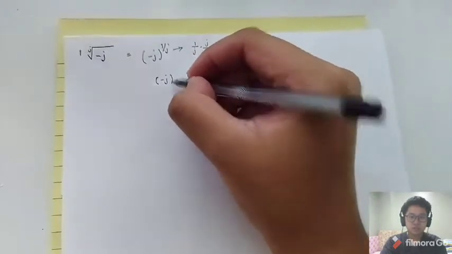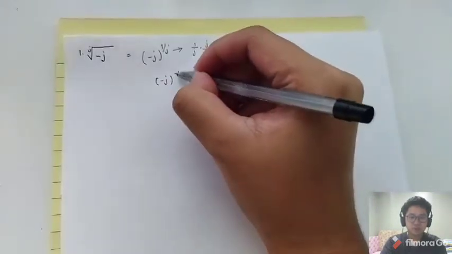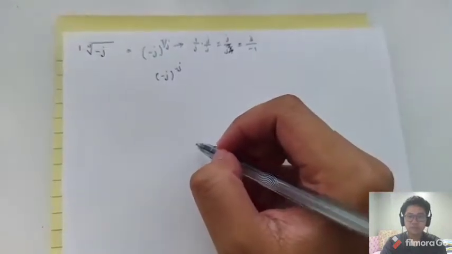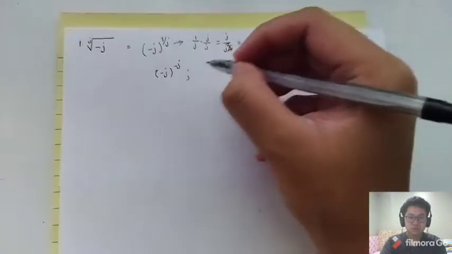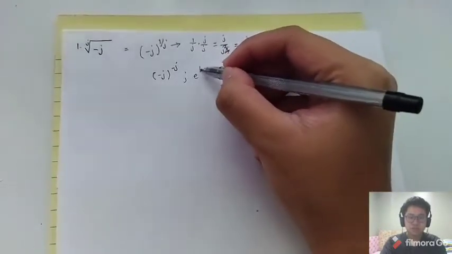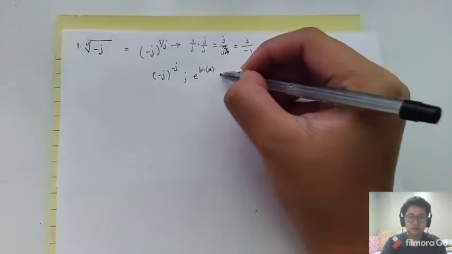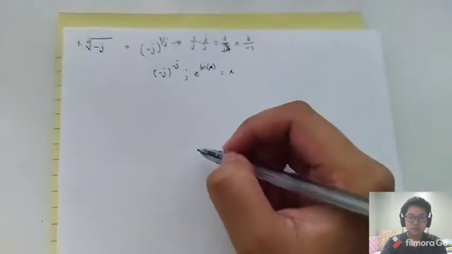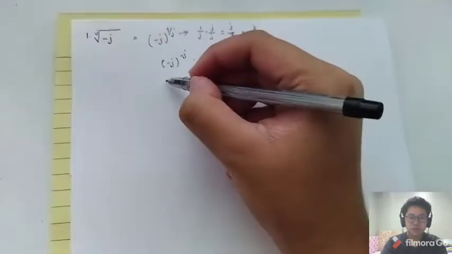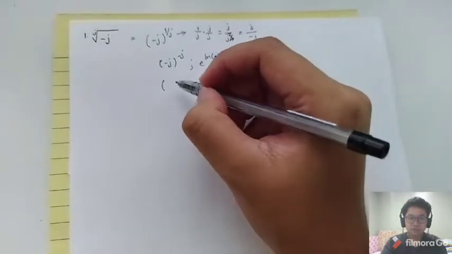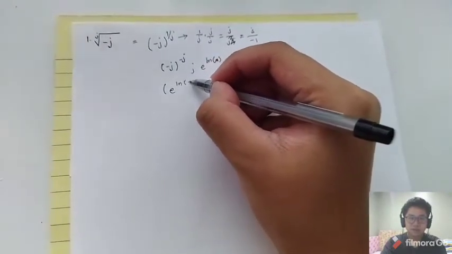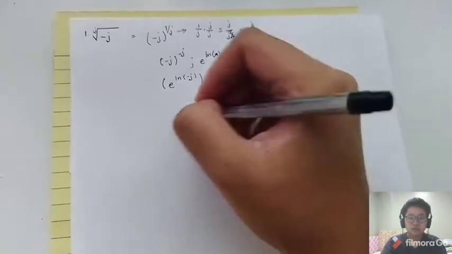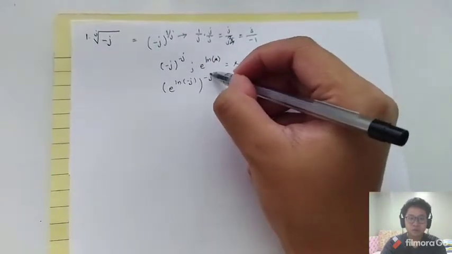So it is much easier to solve with negative j raised to negative j. We can use a different property, that is e raised to ln of x is equal to x. With our x being the negative j, we can make it e raised to ln of negative j raised to the power of negative j.